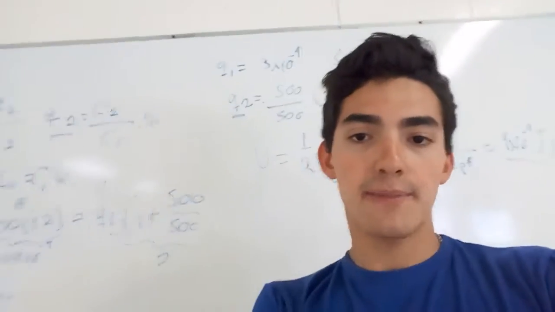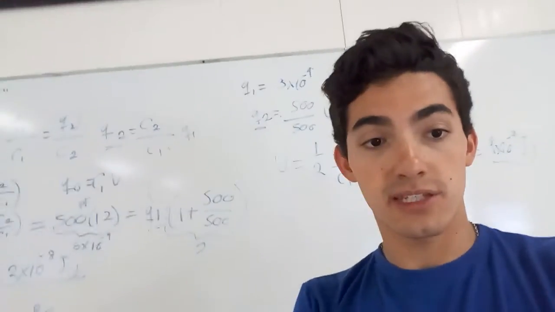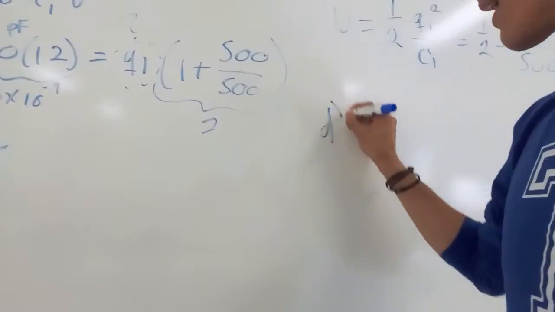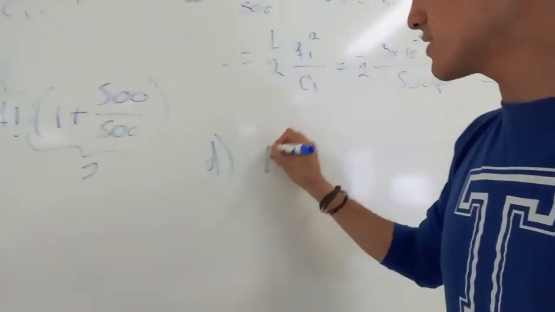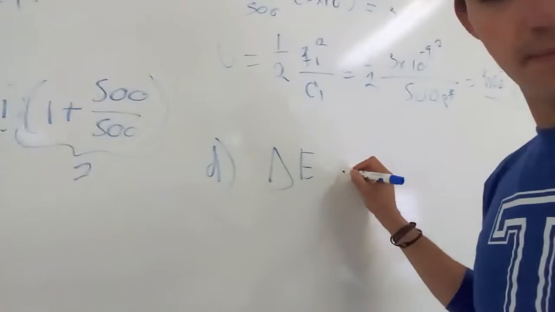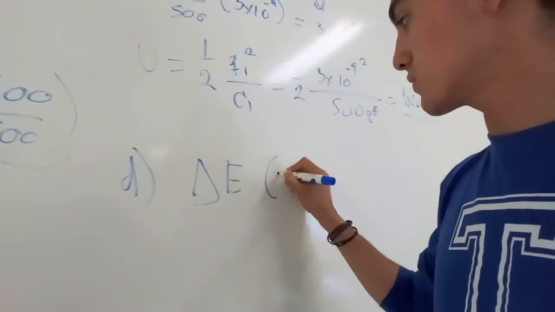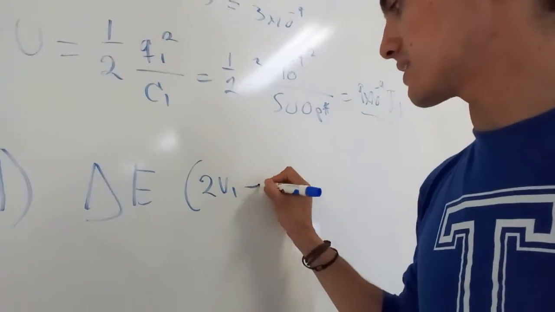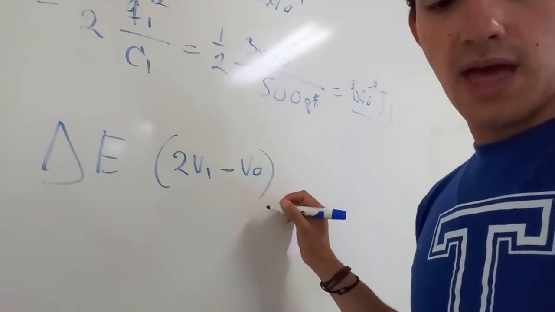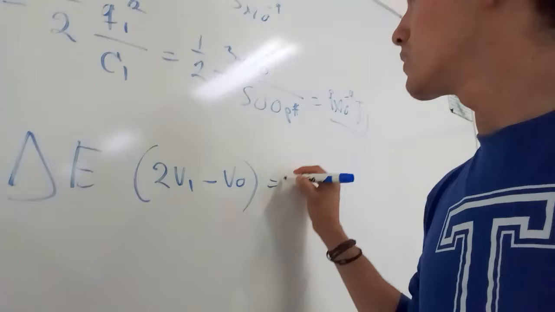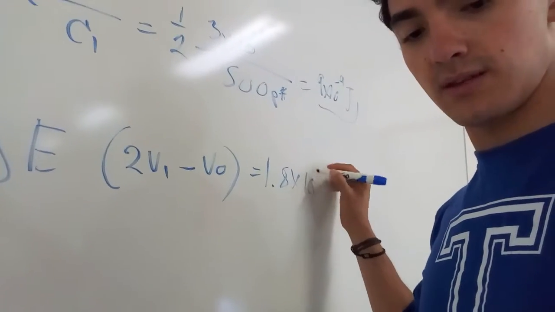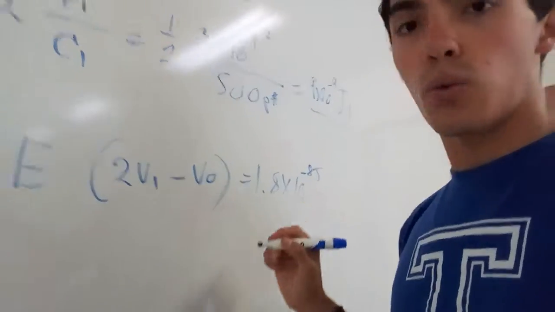For part D, we have to explain the energy lost, if there is any. So I'm going to write it here. The energy lost is the difference of energy. So the energy lost is 2 times the energy in 1 minus the original energy. And this is equal to 1.8 times 10 to the minus 8 joules. Why?